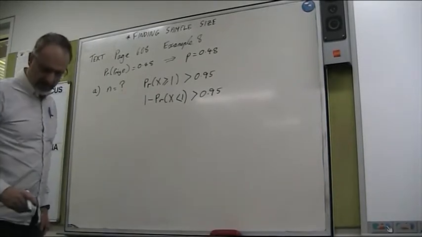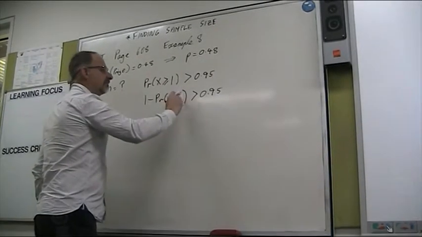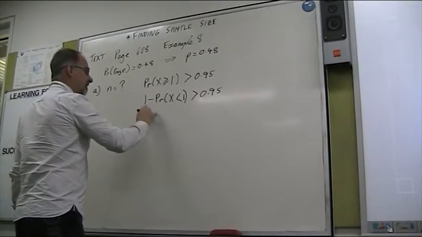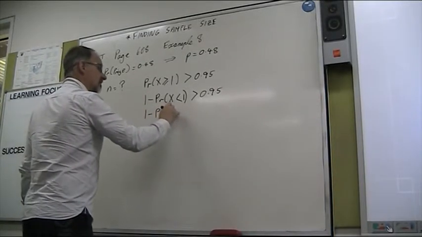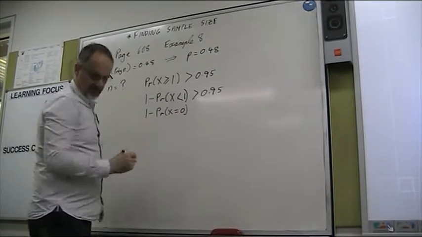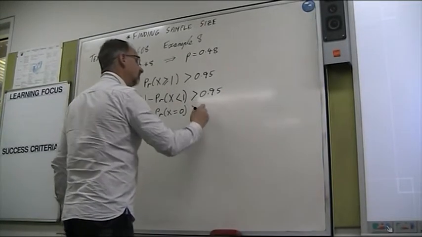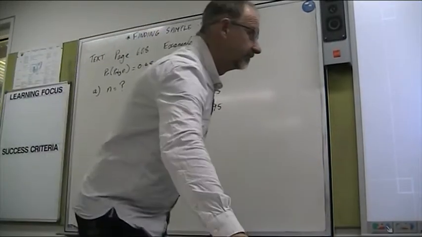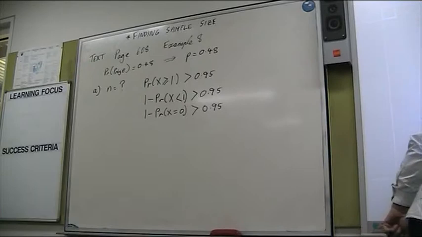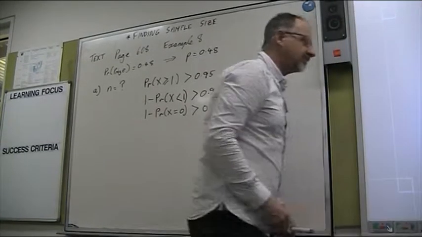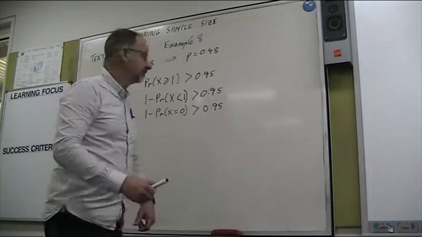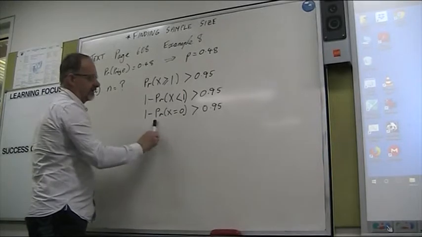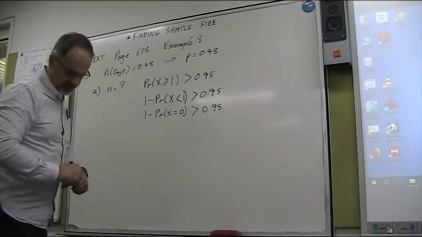And again, the calculator less than 1, remembering that this is binomial, there's only one option that's less than 1, and that's 0. So that is that. All right. So we need to rearrange this so that we get probability of x equals 0.